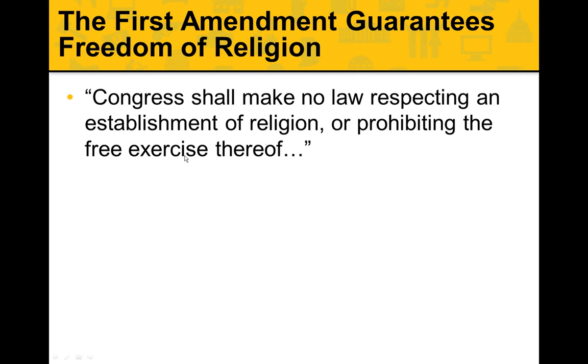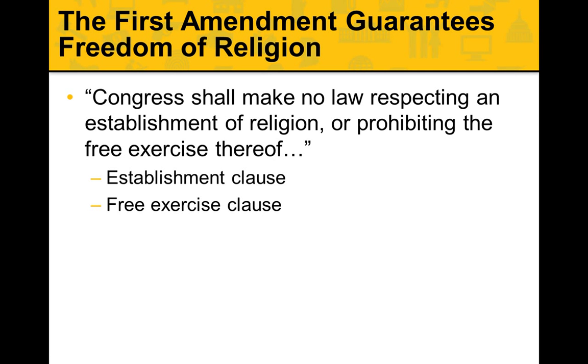Protection of free exercise is enabling. So there's really two clauses. There's something called the Establishment Clause and there's the Free Exercise Clause. And they're applied to the states and local government through the 14th Amendment. So these First Amendment freedoms associated with religion are applied to the states through the 14th Amendment.